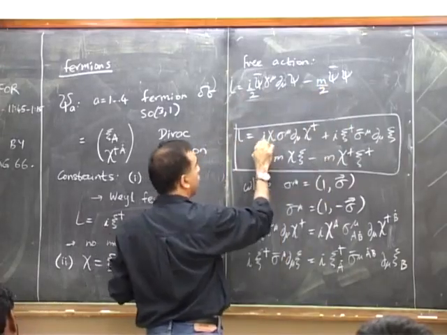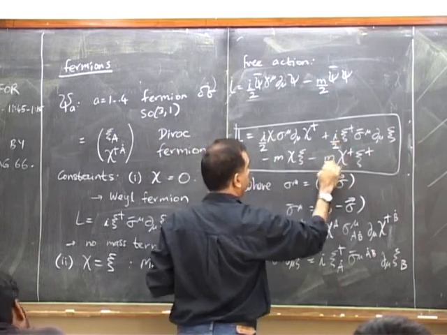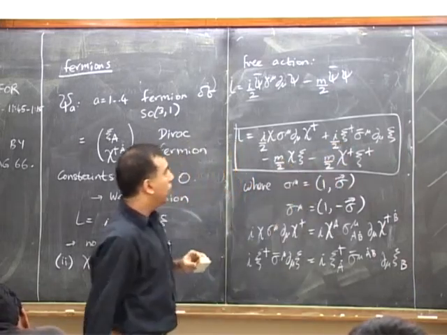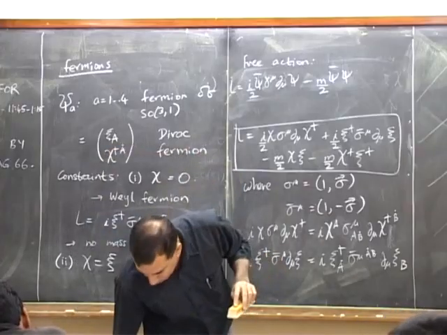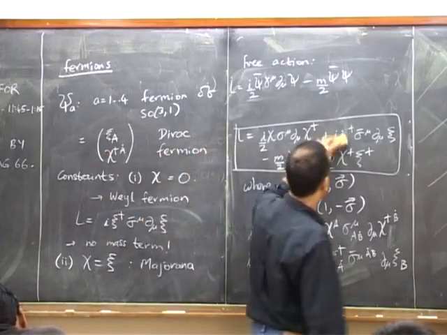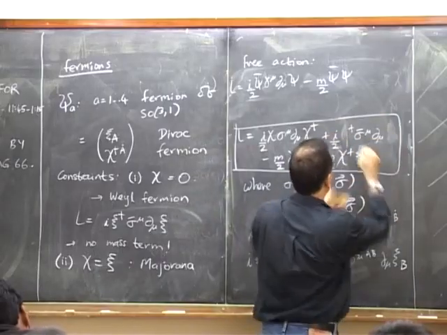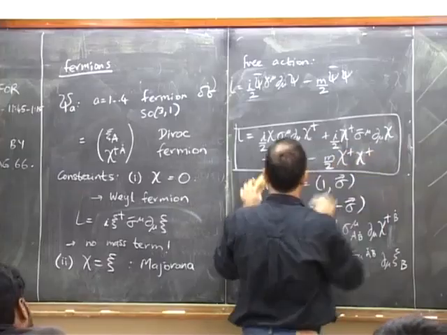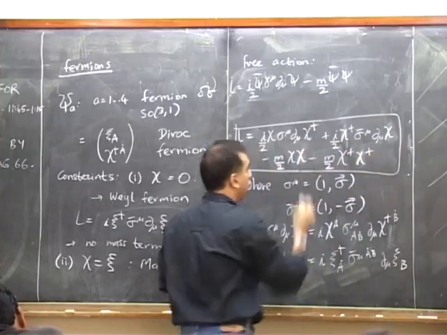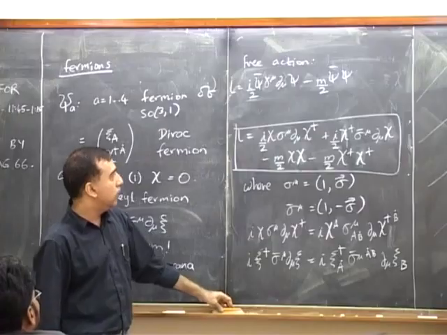Okay, that means every formula here gets a 2. Every term gets a 2. But also I need to say that chi is the same as psi. So I'll just rewrite this as chi. So this is for Majorana.